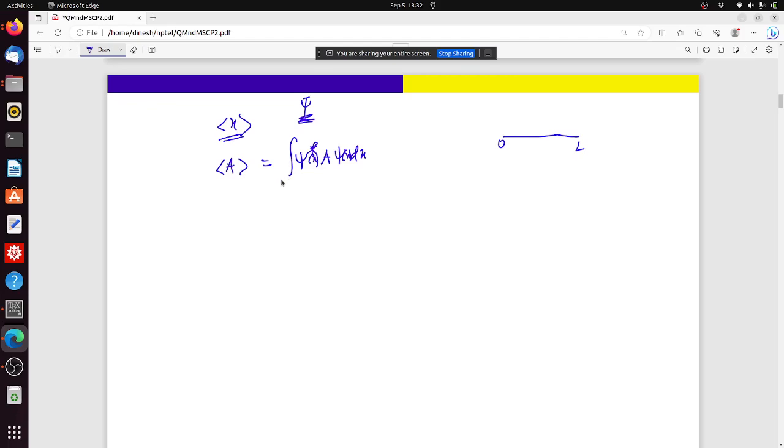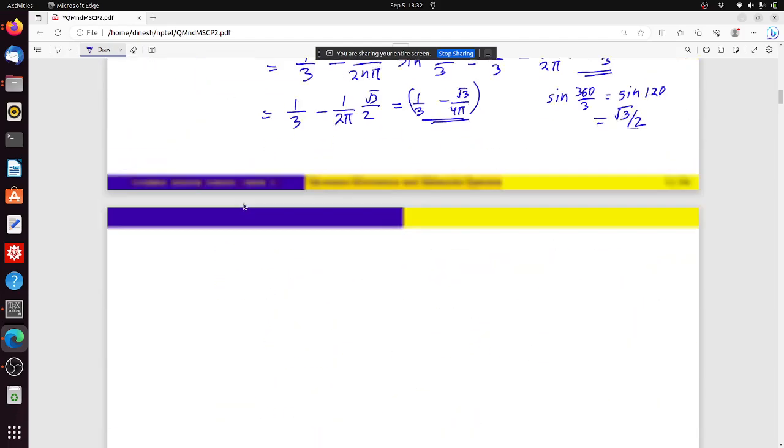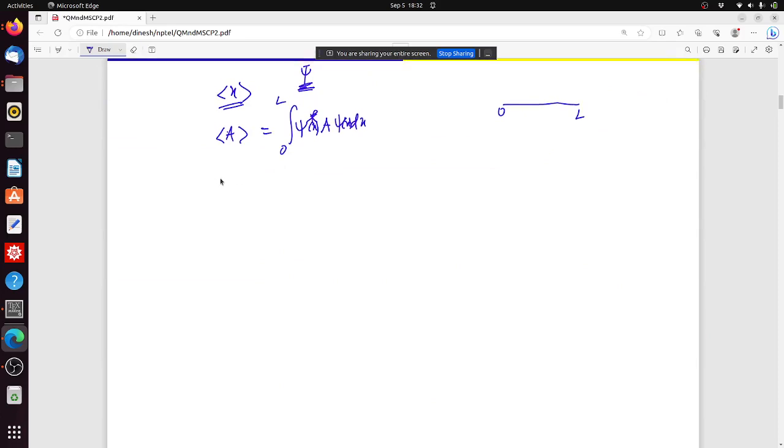For this case it will be 0 to L. So the expected value of position according to this will be integral of psi star x psi dx from 0 to L.